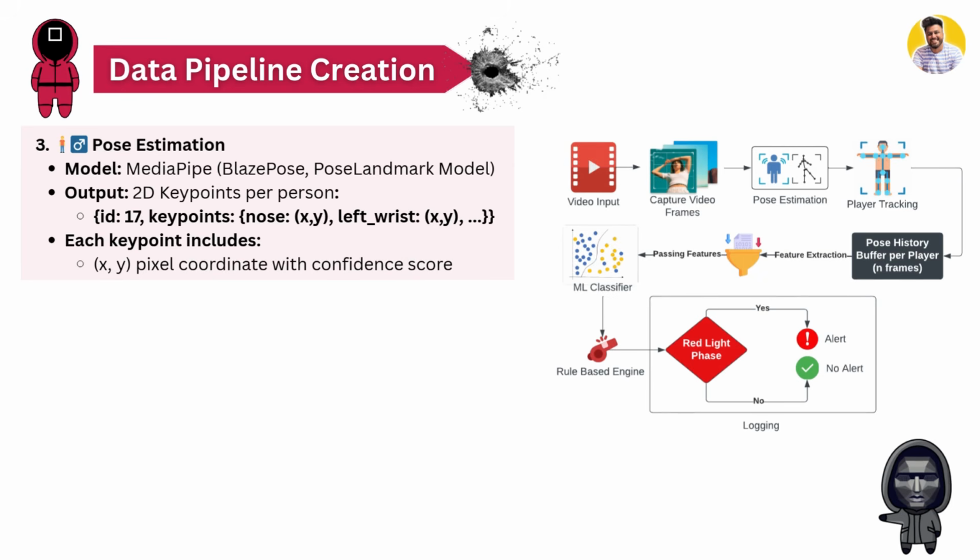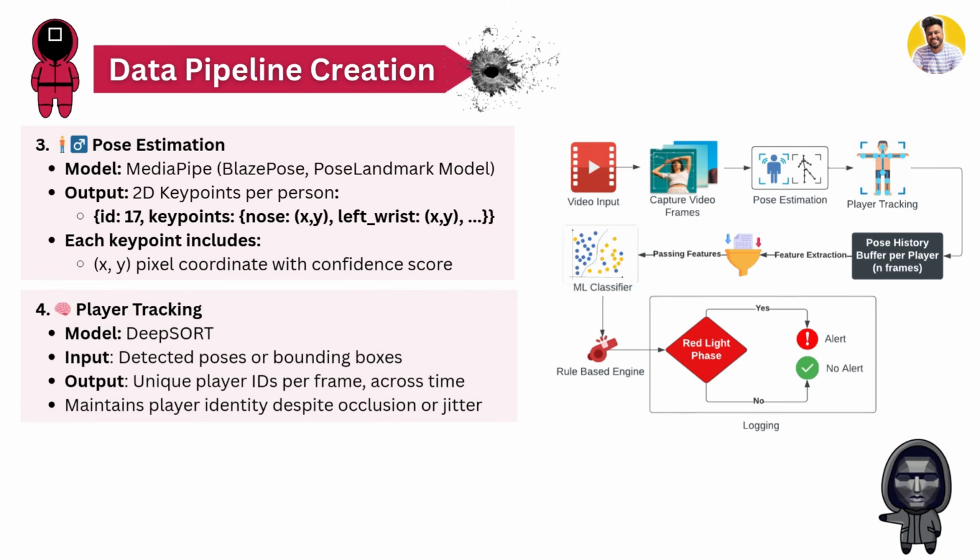We can use MediaPipe here, which can use multiple models like BlazePose or Pose Landmark to give us 2D key points for each person, like the nose, wrist, waist, all the body points that it has. And each key point includes the XY pixel coordinates with a confidence score as well.